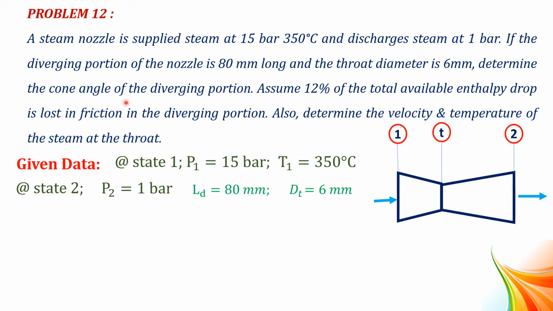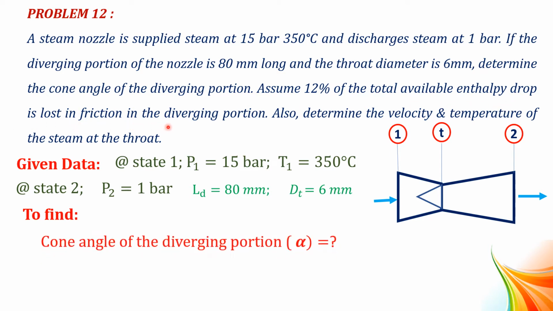Determine the cone angle of the diverging portion. So we have to find out the angle of the diverging part. Assume 12% of the total available enthalpy drop is lost in friction in the diverging portion. So in the diverging part only the loss is there, that loss is 12%.